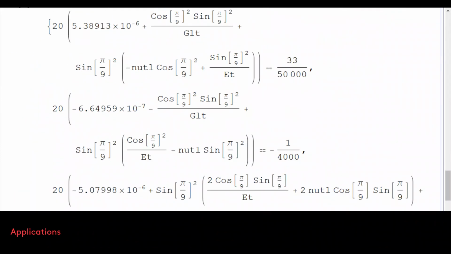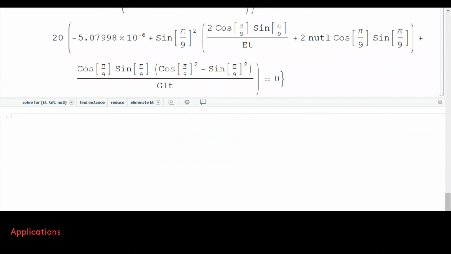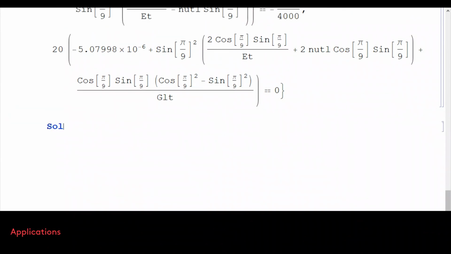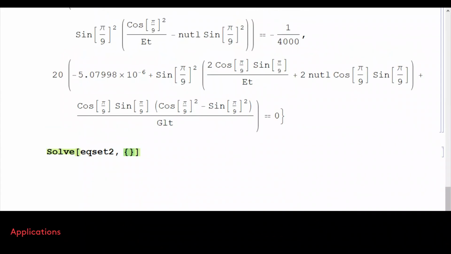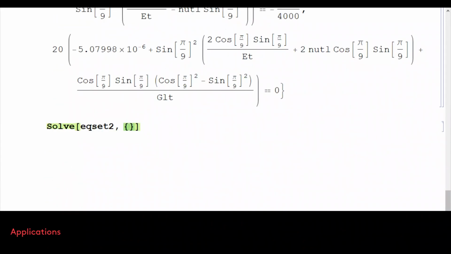Now I don't know the shear modulus, I don't know the Young modulus in the transverse direction, and the Poisson ratio nu TL. So I will use solve. Now I will solve equation set 2. I will begin with the shear modulus GLT, then ET, and then nu TL.